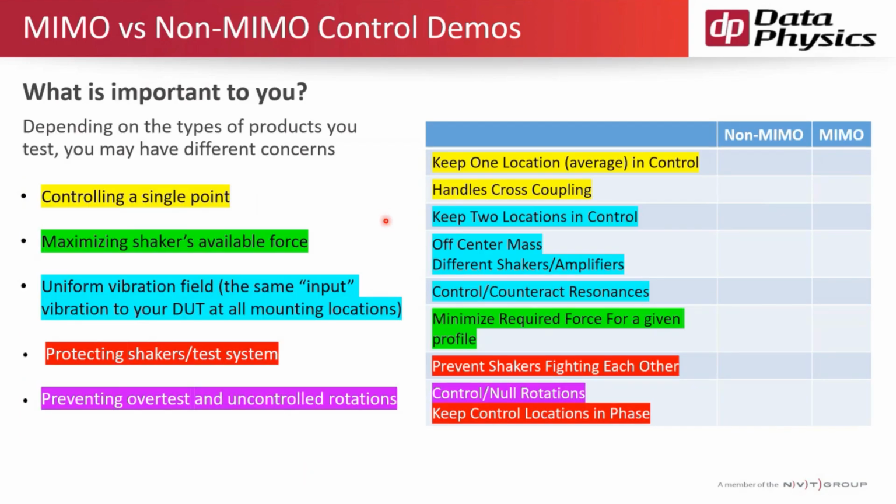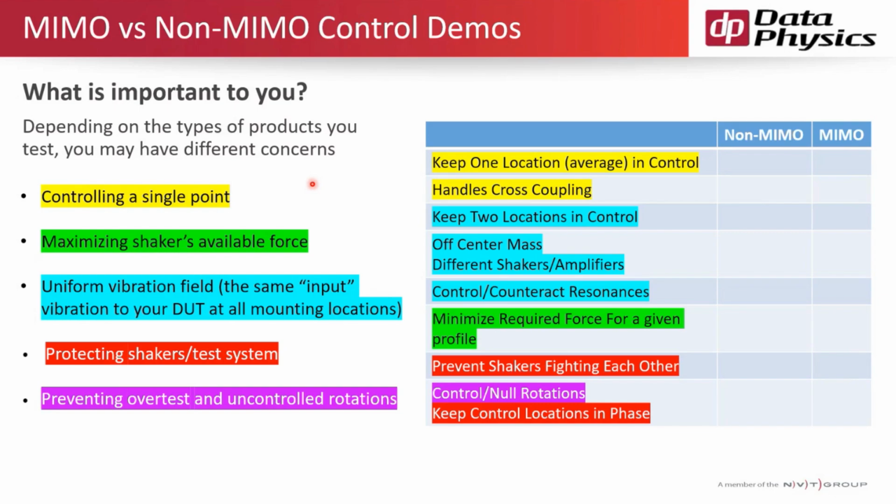So, delving into that, which of those priorities should be of concern to you? Again, this depends on what type of products you are testing. If controlling to a single point is of concern to you, you just care about the energy at this one location. I want the PSD at that one location to hit my target profile.